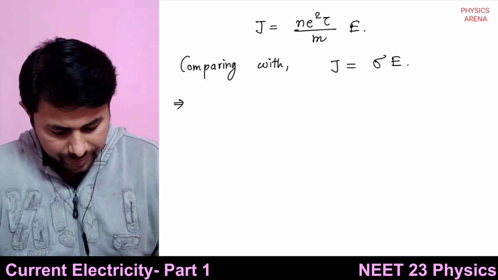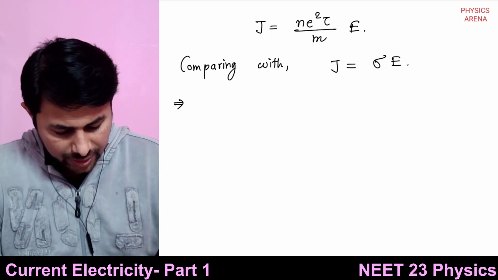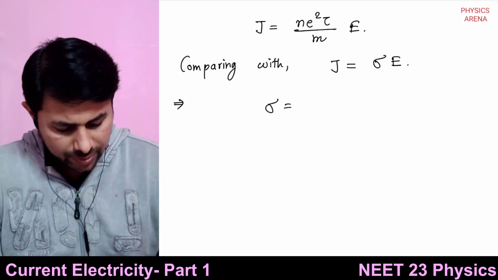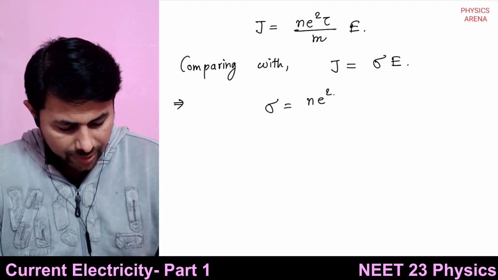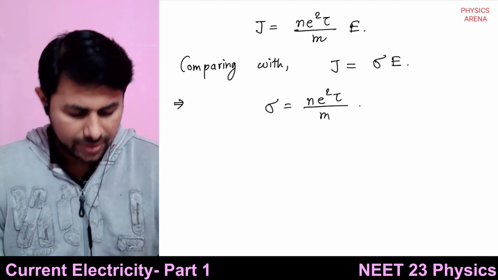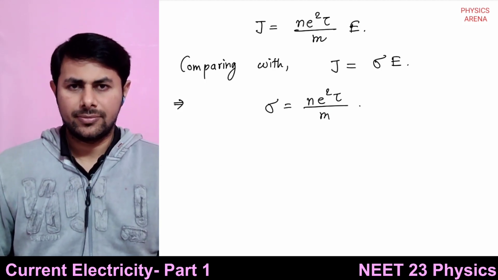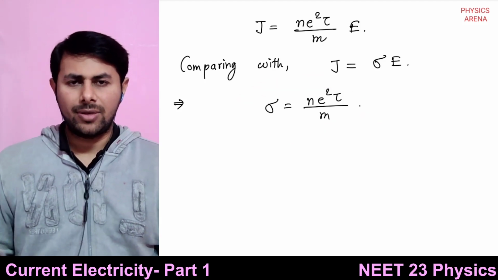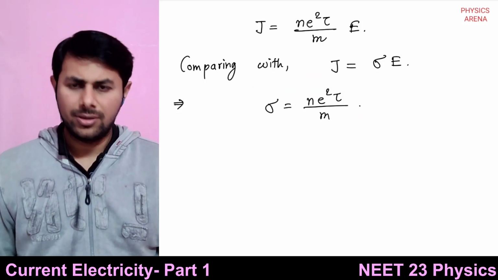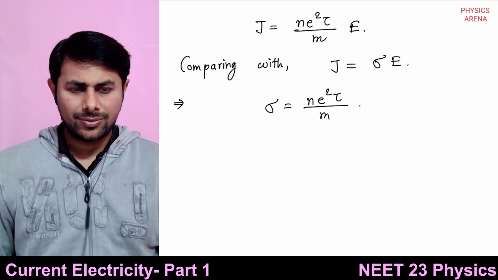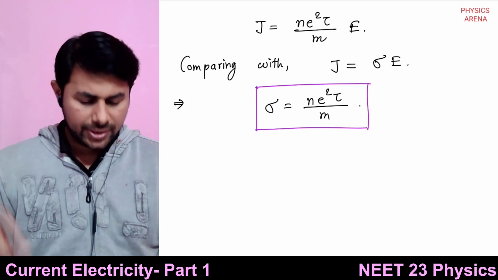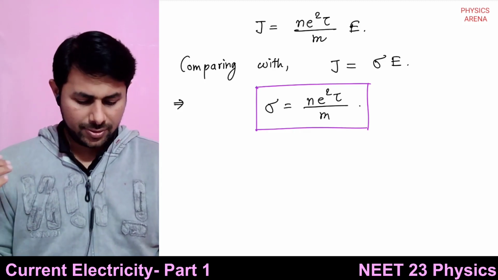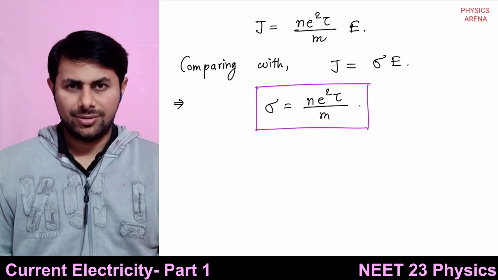So we get that sigma is equal to n e square tau upon m, right? Sigma is equal to n e square tau upon m. Got it? Yes, no? Then this is sigma. So what is sigma? It's conductivity.